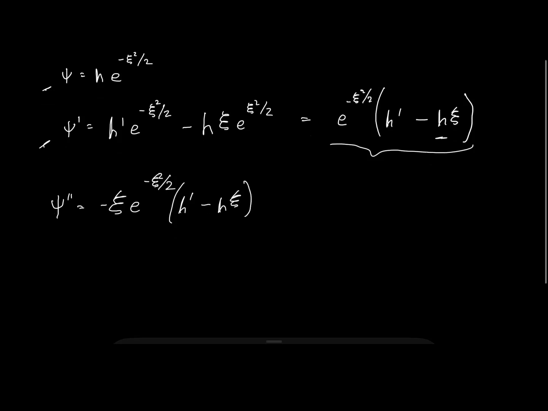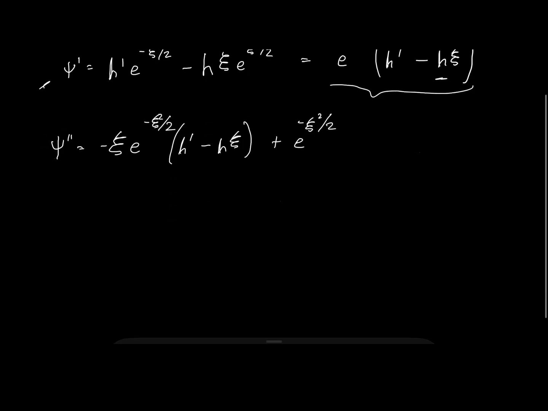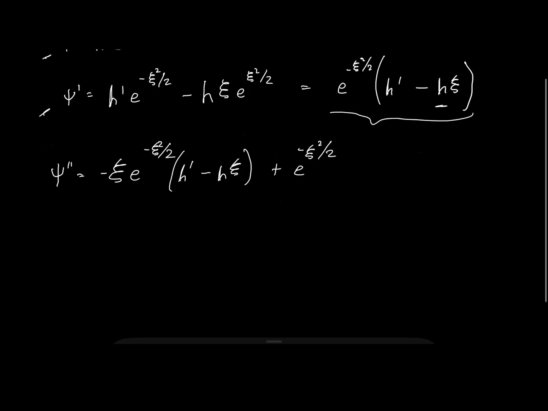And then plus this e term times the full derivative on the inside. So to take the full derivative on the inside, we'll just do it separately. It's going to be h double prime minus, now we have a product rule, right?